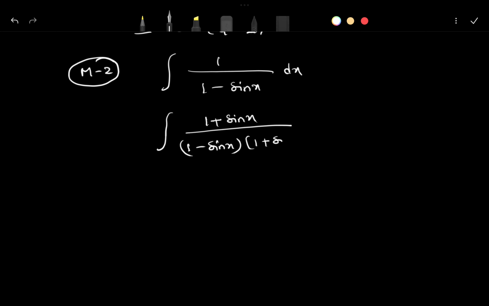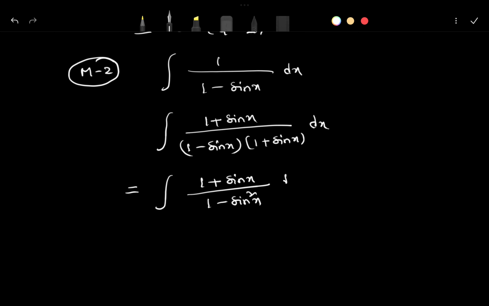You see the denominator is a plus b into a minus b. You can write it as the integration of 1 plus sin x whole divided by 1 minus sin² x, the product of the two factors.